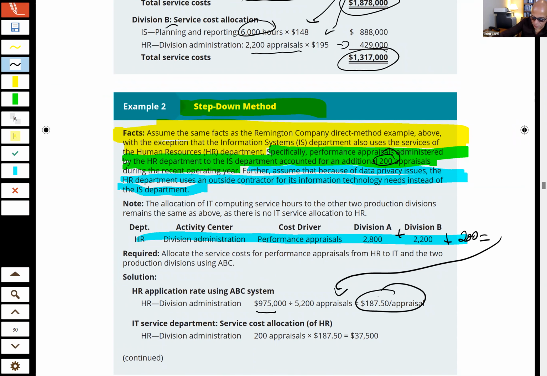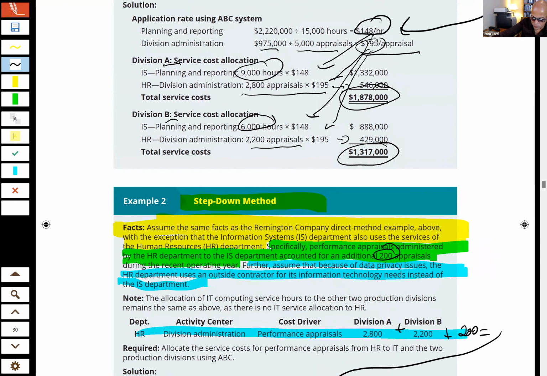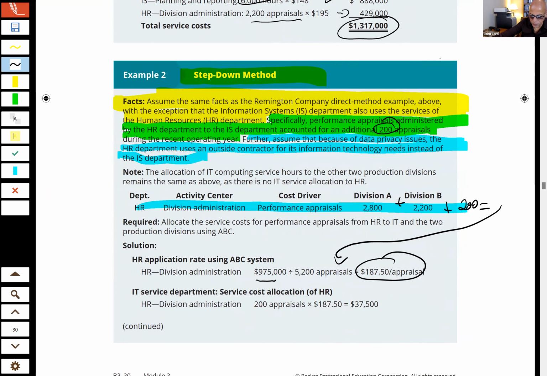It's 187.50 per appraisal, because now, as opposed to the 195 per appraisal we had up here before, we're considering the fact that we have 200 additional appraisals from the IS department.